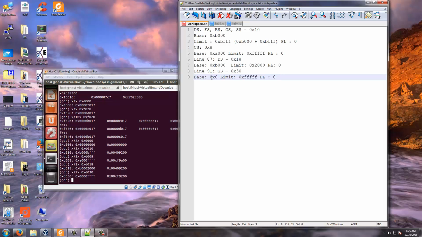PL is 0, and please note that the granularity bit is also set to 1. So this can cover 4 GB.